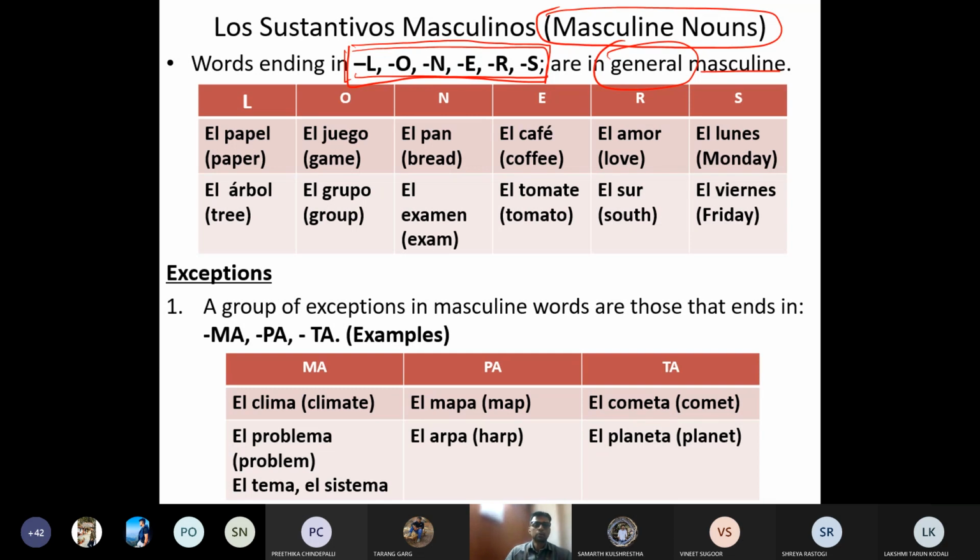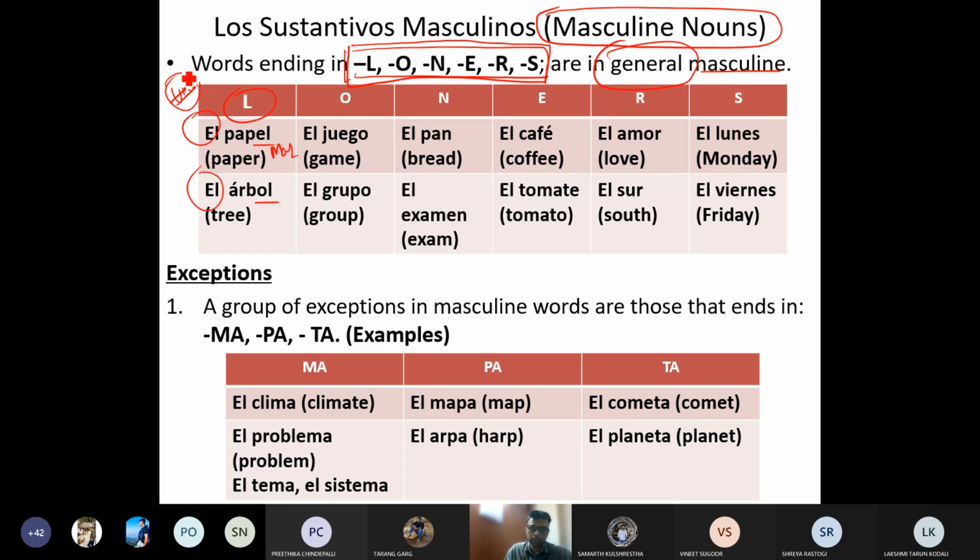Ending with L, papel and arbol are both masculine, and that is the reason I am using the masculine singular article el with both of them. I'm using the definite article here. I could use the indefinite also, but that's not important here. Don't think you have to only use the definite when I'm explaining this.